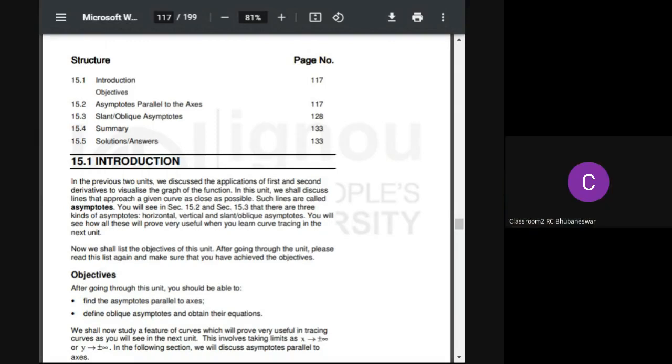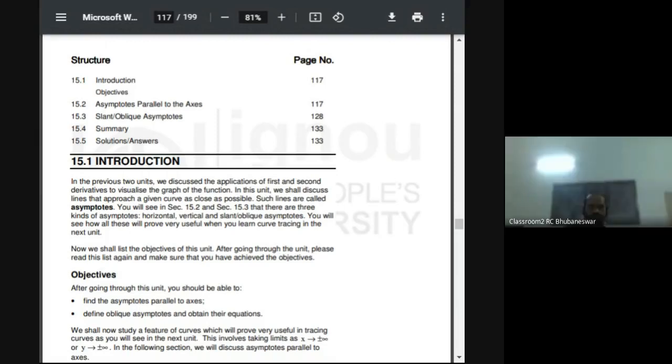The asymptotes. The structure of this particular unit goes like this: first, the definition and introduction of asymptotes, what the asymptotes are and how we can define them.